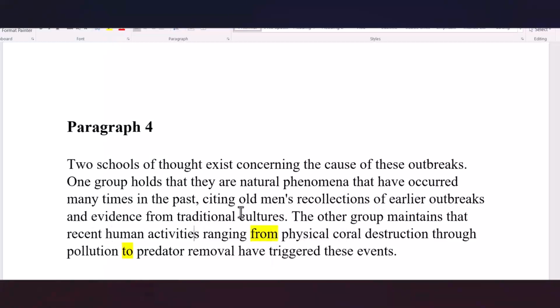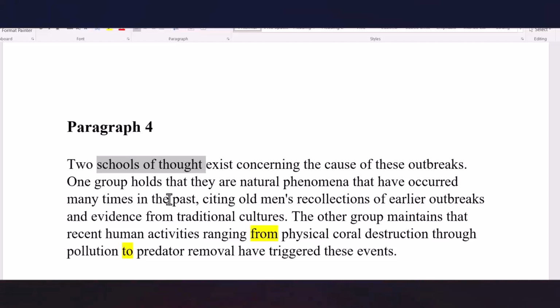And let me check for more words. Thought. This is thought, which is the past participle of the verb think. And schools of thought. School of thought here means a system of thinking, a belief.